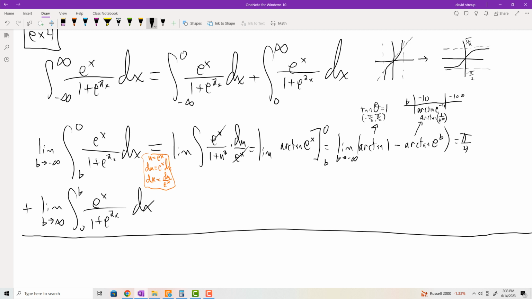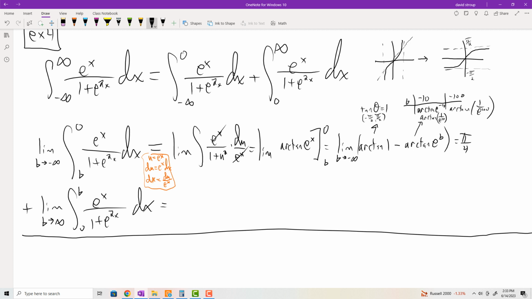Maybe I made it in my notes. Yeah, so that's going to arctan of 0, which is just 0. Okay, so this next one would be an arctan of 1 over e to the 100. That's ridiculous, so yeah, that's just going to go to 0. So you have pi over 4.